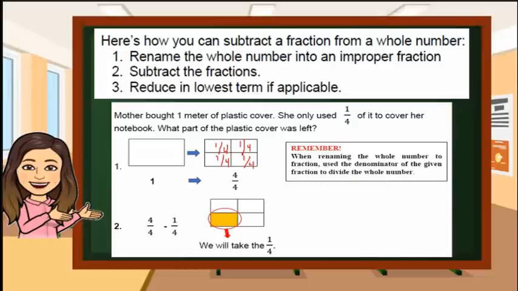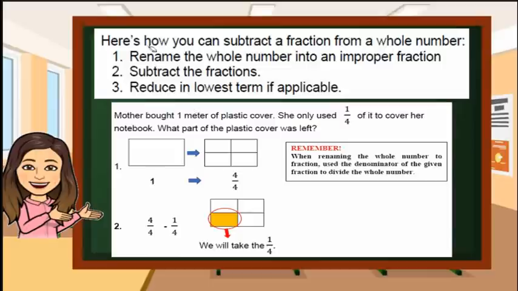So for example, here, if mother used, for example, 1/8, so you need to divide the whole into 8 equal parts. So which means you will have 8/8. So that's how you divide or rename the whole number into an improper fraction.